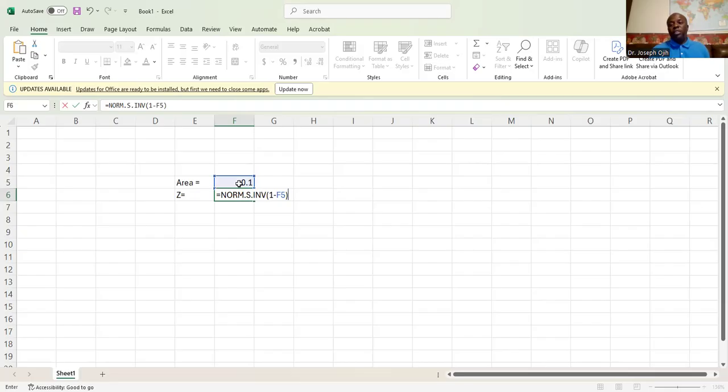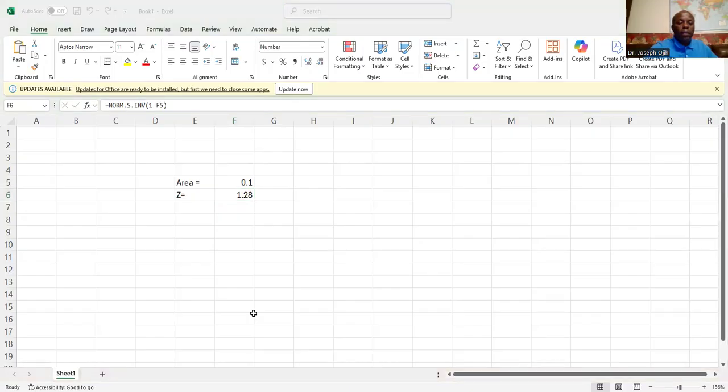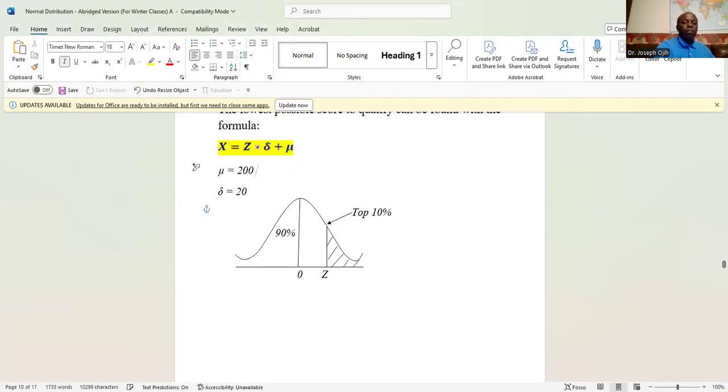Once you press enter, it gives you the Z, which is 1.28 after you round it. Usually we use 2 decimal places for Z. So Z equals 1.28 from Excel.